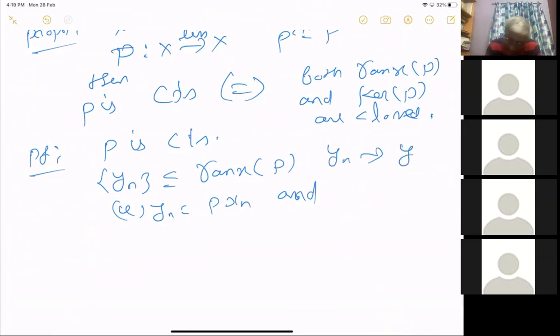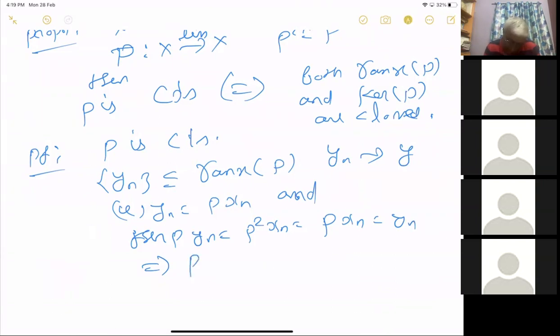P of yn equals P squared xn equals P of xn, which is equal to yn. So this implies P of yn converges to P of y.